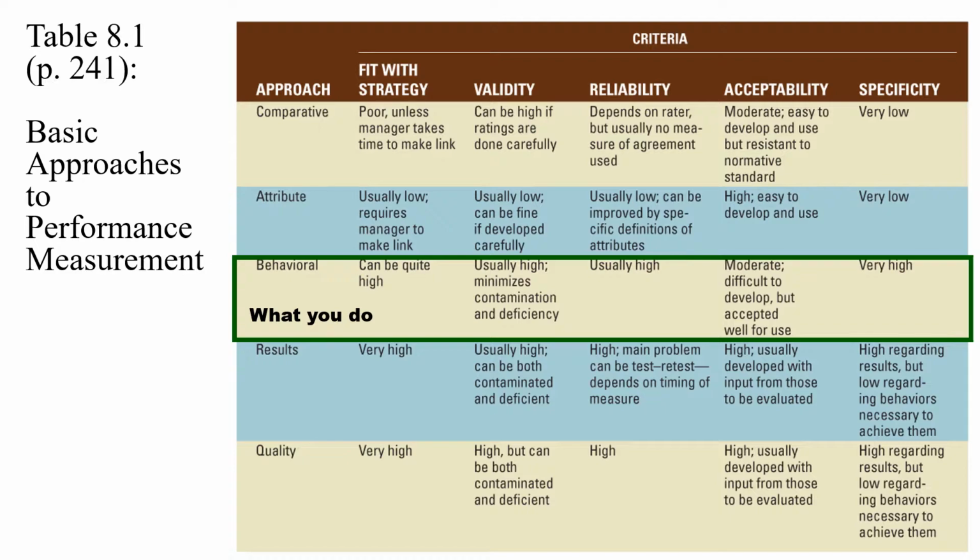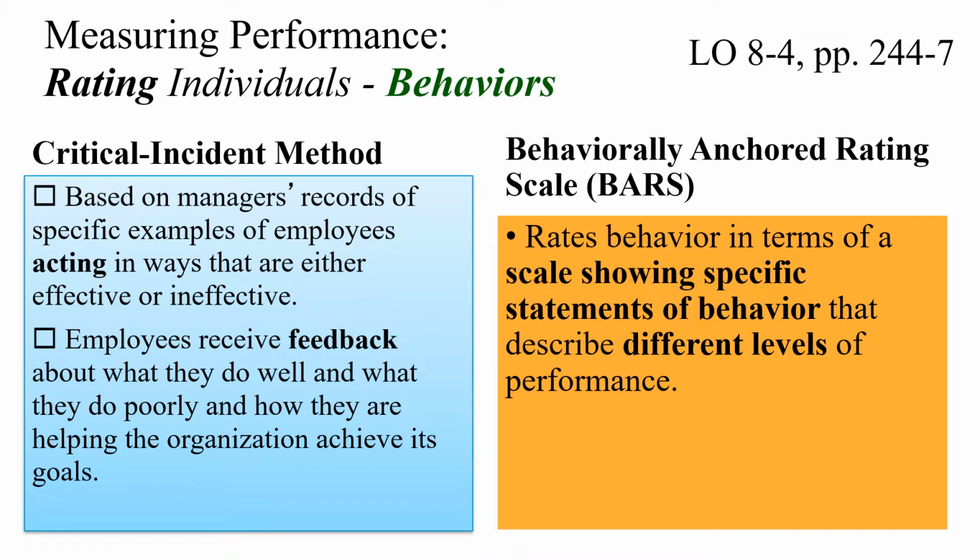Behavioral, what you do. Rating an individual by behaviors has one method called critical incident, which is a fancy way of saying examples. It's just that either an observer observes an event, or the actual person being rated comes back with a report.